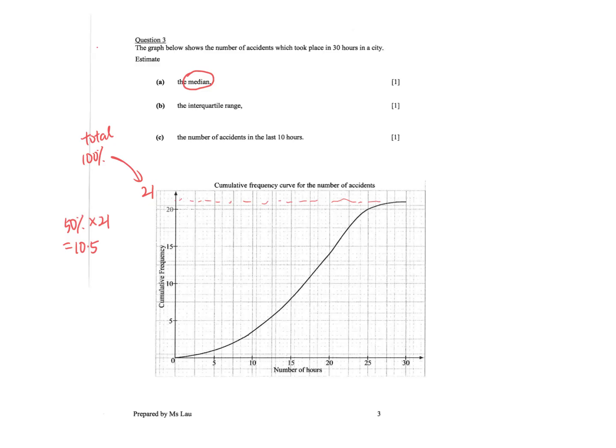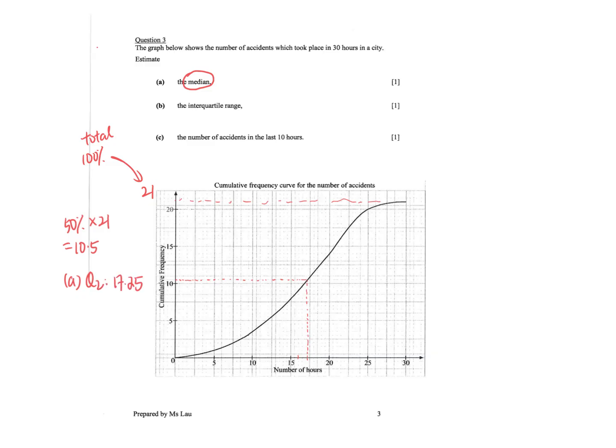So 10.5 is here. If you go and read carefully, you will get 15, 16, 17. I can't read clearly from here, but according to my answer scheme, my median is 17.25.